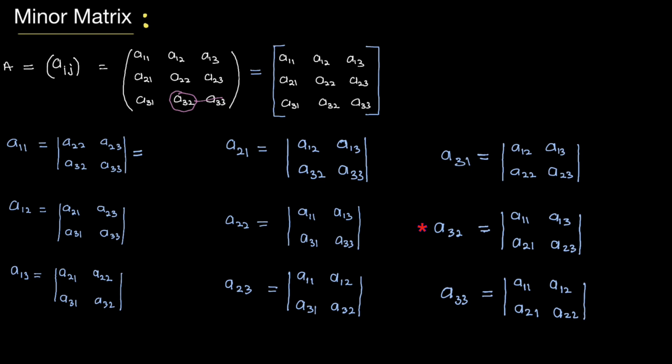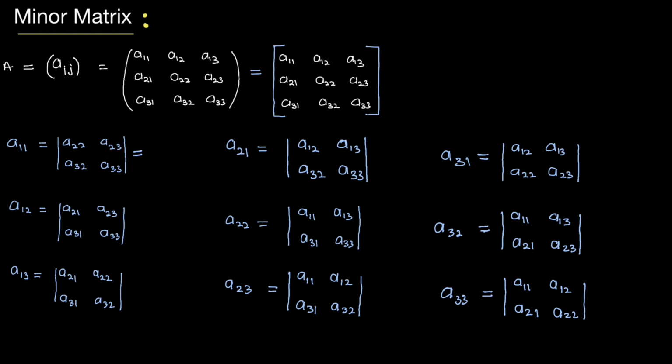For element A33, we draw a circle there, vertical line, horizontal line, and the minor matrix for A33 will be A11, A12, A21, A22. And to find the determinant of a 2 by 2 minor matrix, it's going to be A33 times A22 minus A32 times A23.